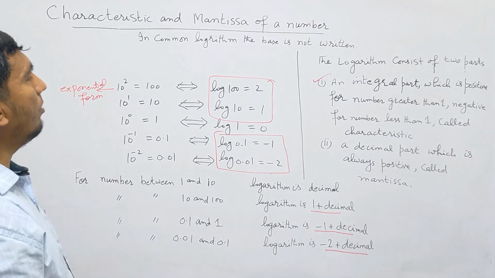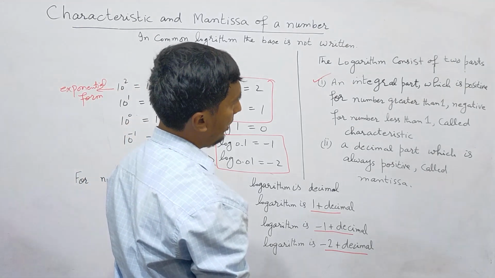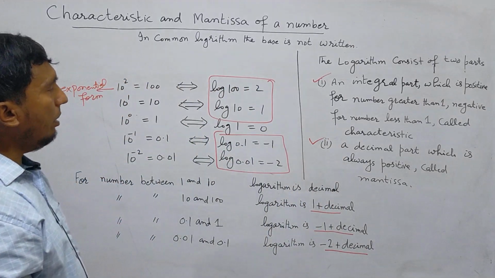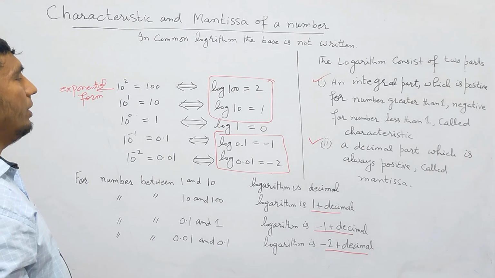And this integral part is called characteristic. The decimal part is called mantissa. It is always positive.